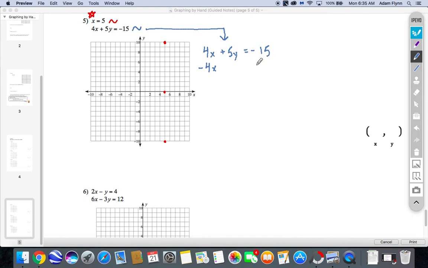So I will subtract 4x on both sides. X's cancel. So I'm left with 5y on the left side equals -4x minus 15. I will divide everything by 5.